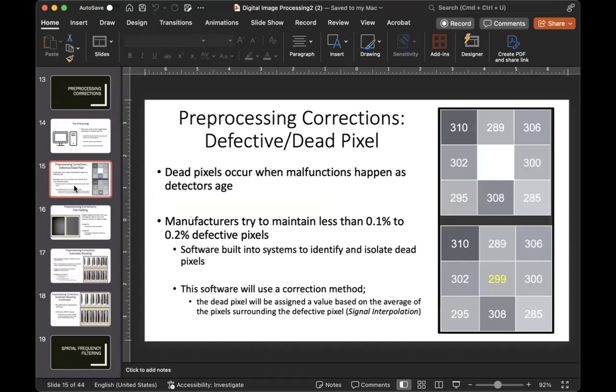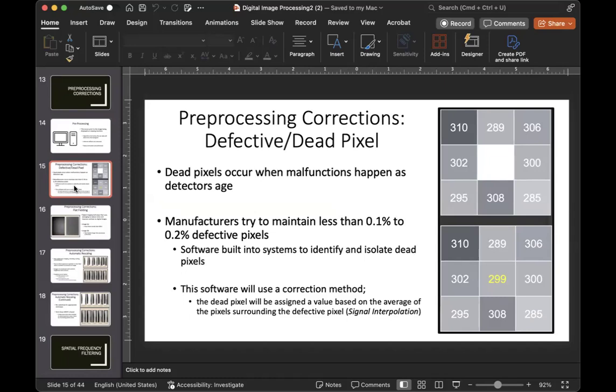And so when we say defective dead pixel corrections, consider a matrix within a detector, right? There may be 2000 by 2000. And so, if I were to type 2000 by 2000, that's like 4 million pixels within that particular detector.